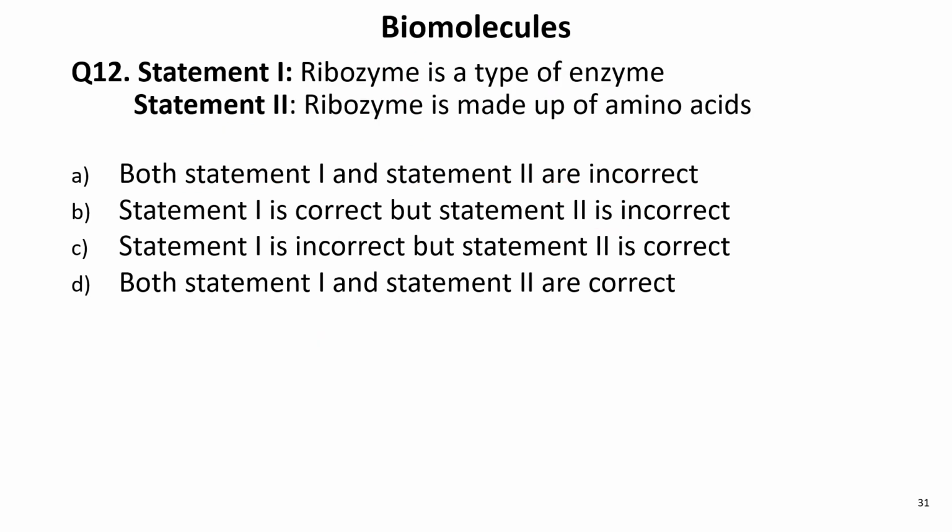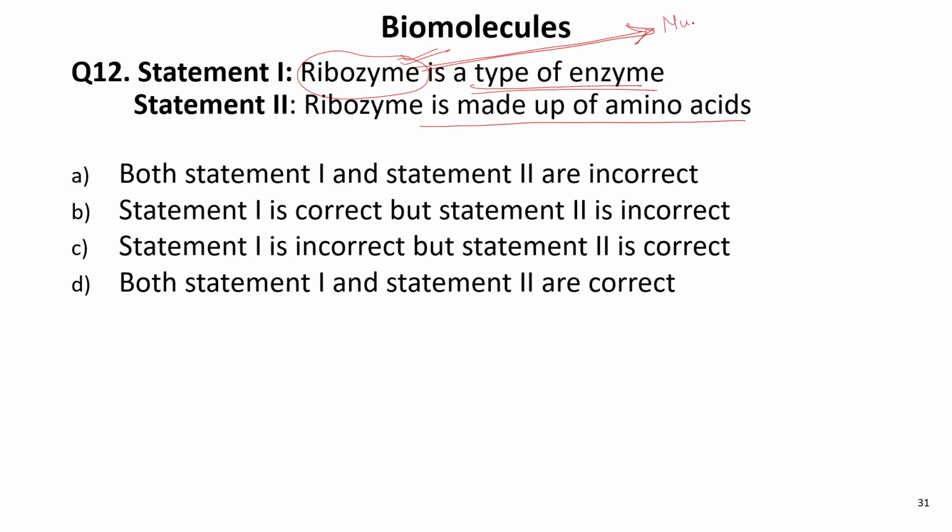So apply this strategy with every question. Okay. Next question. Statement 1: Ribozyme is a type of enzyme. Statement 2: Ribozyme is made up of amino acid. So let us follow what I have said just now. Ribozyme is a type of enzyme. Yes, ribozyme is an enzyme. But it is not a protein.